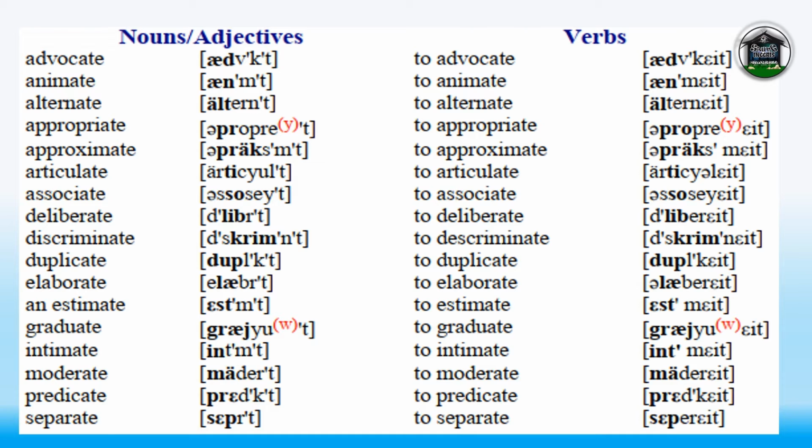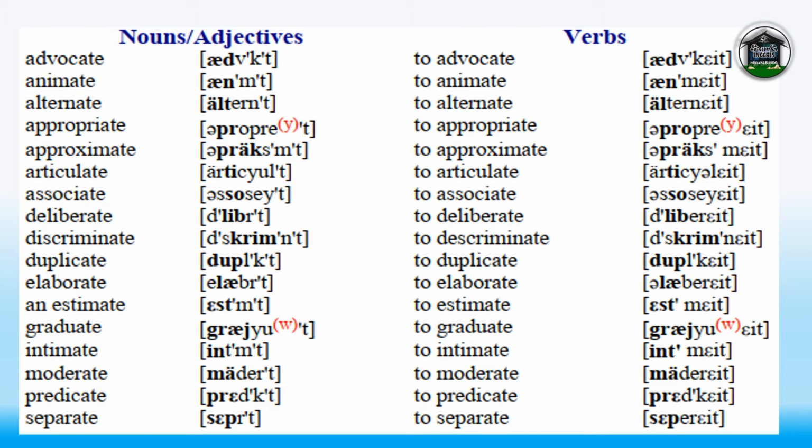Alternate, to alternate. Appropriate, to appropriate. Approximate, to approximate. Articulate, to articulate. Associate, to associate. Deliberate, to deliberate. Discriminate, to discriminate.